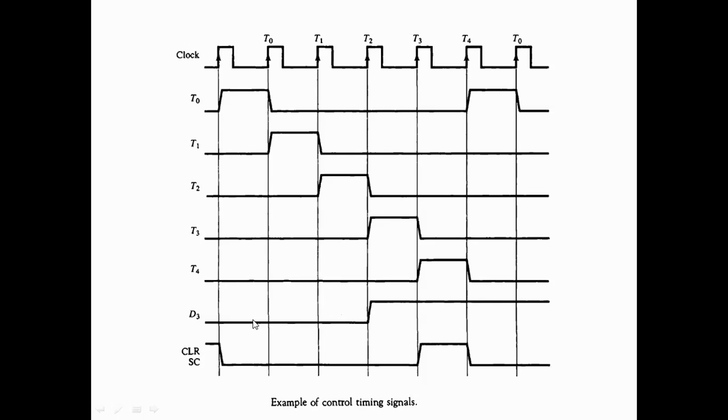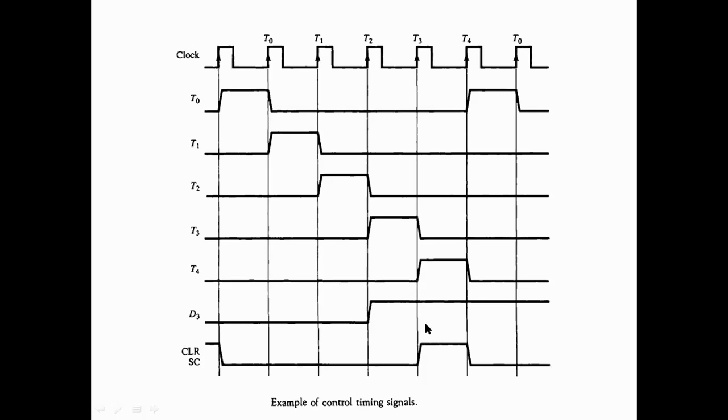We have studied this earlier, that if the D3 line of the decoder is 1 and T4 is 1, that means at that time storing of the contents of the accumulator into memory happens. So whatever is in the accumulator is stored in the memory, and we know that decoding D3 will be on after T3.